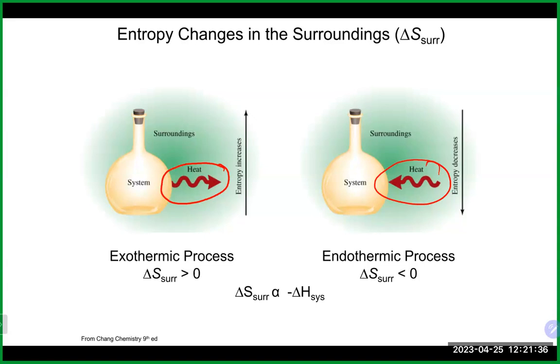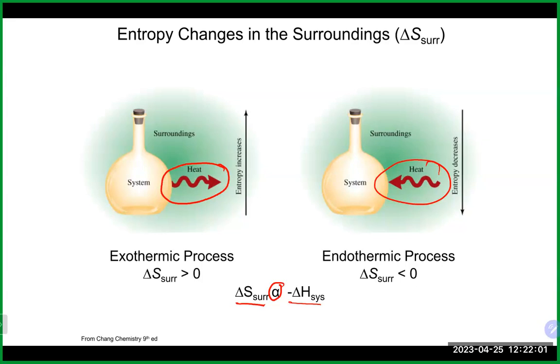Which means they're going to be a little bit more ordered. And we would see the delta S of the surroundings become more negative in that particular case as we're increasing the order. So the delta S of the surroundings is proportional, that's what that symbol is supposed to be, to negative delta H of the system or the reaction.